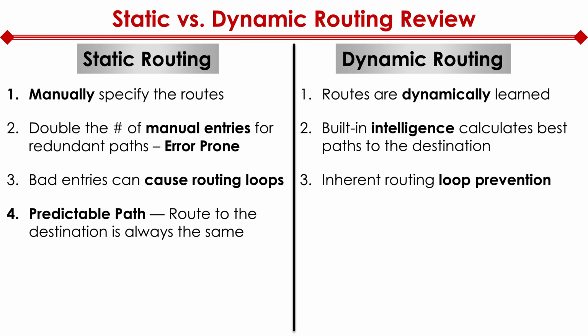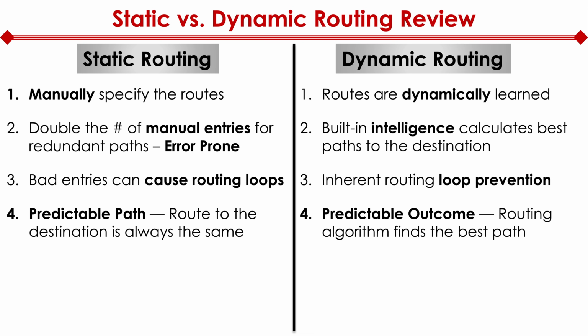Fourth, in static routing, we have a predictable path, meaning the route that we have specified manually, we will always expect the same route to the destination. It's never going to change. So we have predictability in path.